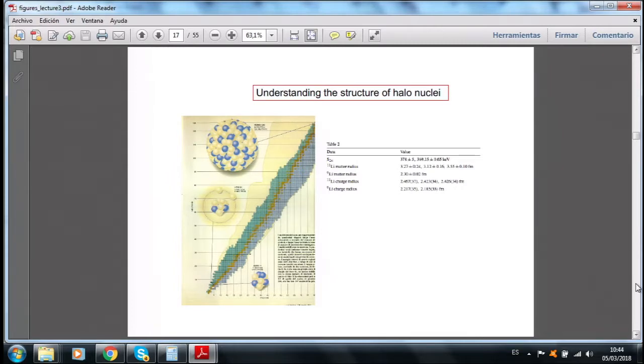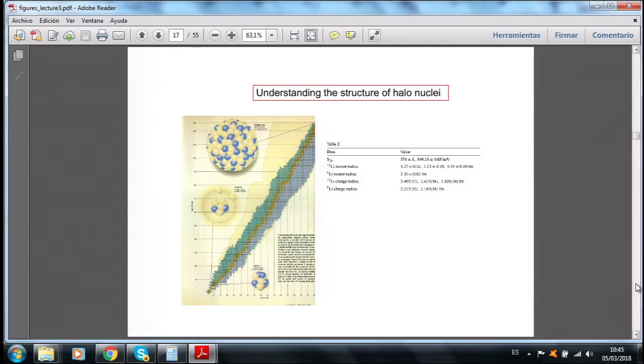But lithium-11 was observed in the detectors, so it has a long enough life to be detected. The first analyses concerned the cross-section of production of lithium-11, and from it, it was realized that lithium-11 has a radius which is much larger than that of the lithium-9 core.